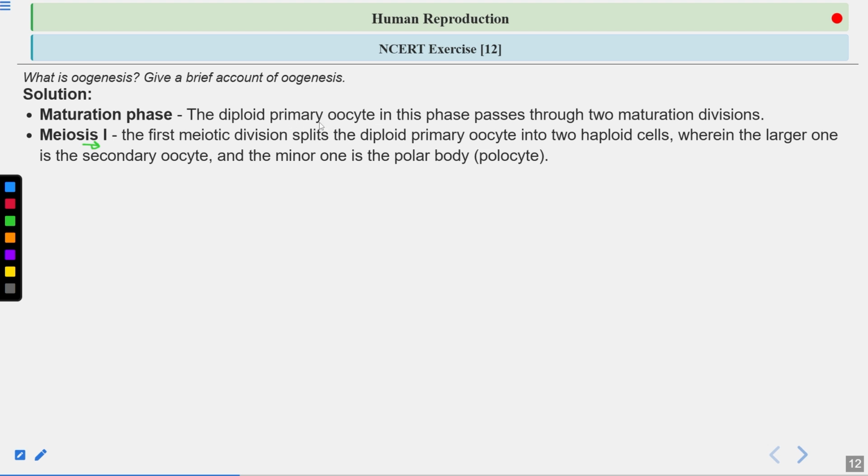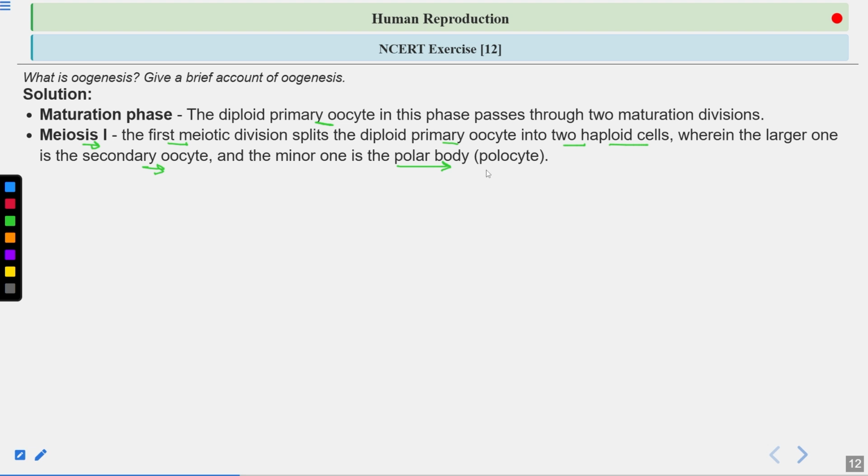When at puberty the primary oocyte completes its meiosis 1 division, also known as the first meiotic division, it divides into 2 unequal haploid cells. The larger cell is the secondary oocyte and the minor one is the polar body.